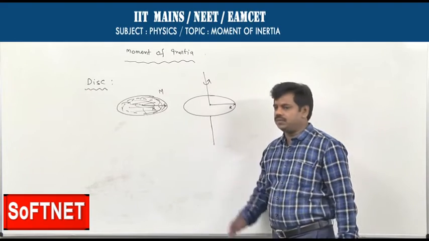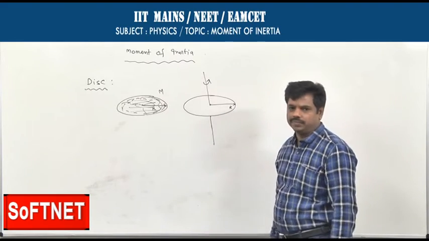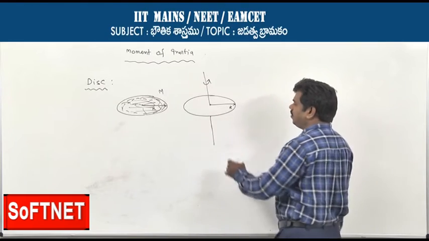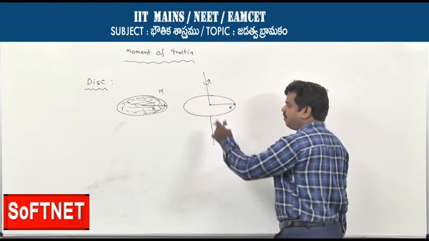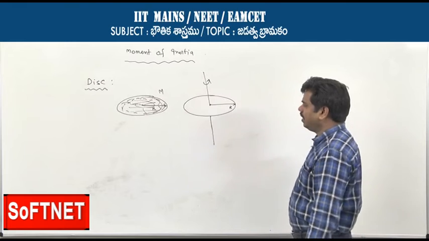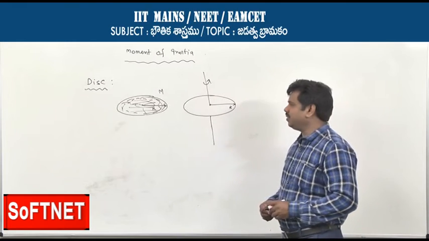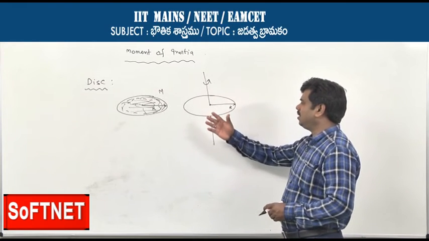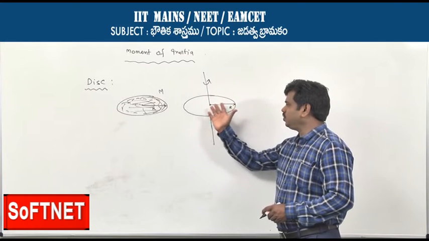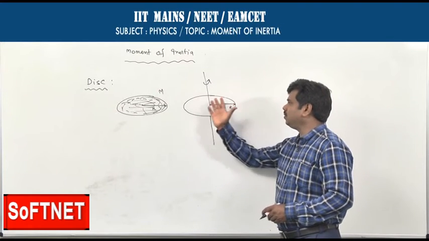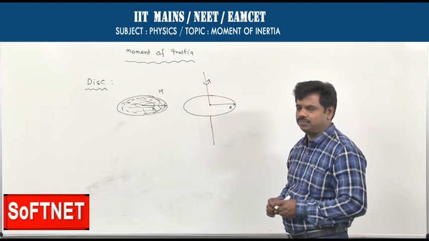Then again we will go through the integration method. The moment of inertia of a small element we have to consider, and one thing is very clear to us, that the mass of the disk is distributed uniformly throughout the surface area.